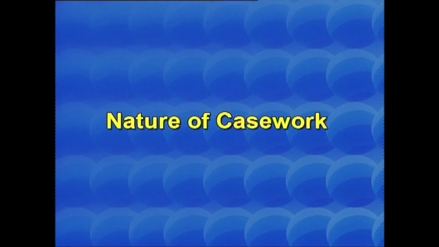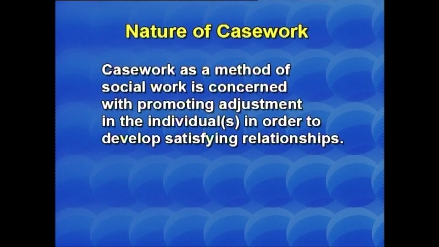We will begin with the nature of casework. Casework as a method of social work is concerned with promoting adjustment. Adjustment in whom? The individuals, so that they can develop satisfying relationships.